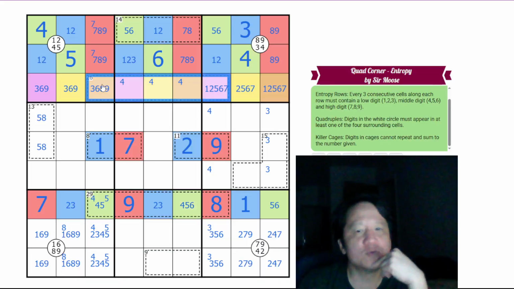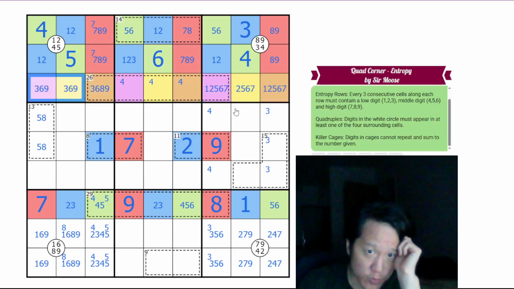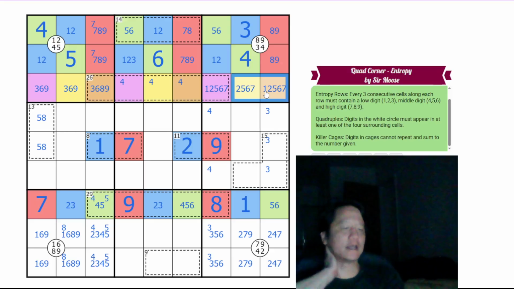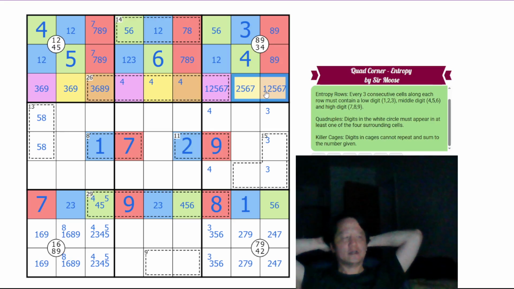Okay, to add up to 26, that means the remaining 4 digits must add up to 19. Can you have high and high together? That's 7, 8, which adds up to 15, plus 1 and 4 at minimum, which is 19. No, 1 and 4 at minimum, which is 20.